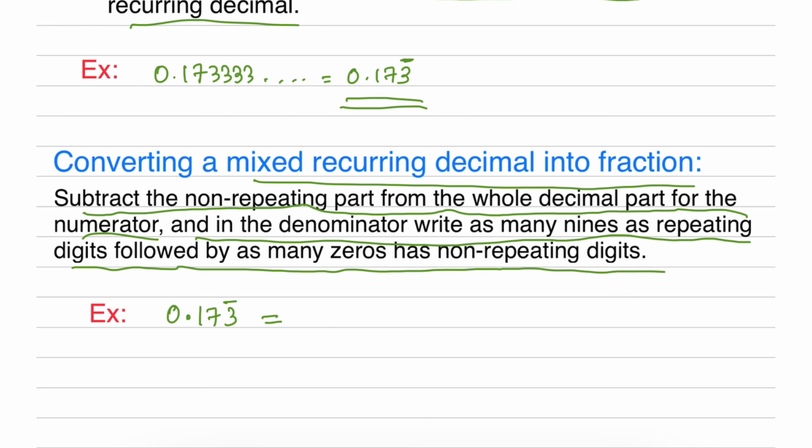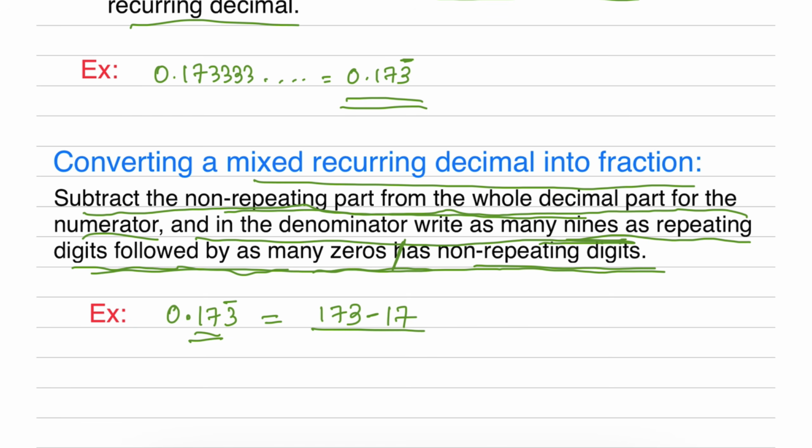So first what we have to do, subtract non-repeating part from the whole decimal part. First we have to write the whole decimal point. This is 173 in the numerator, and subtract non-repeating part. Which is non-repeating? 17 is a non-repeating. You should subtract 17, and in the denominator you should write as many 9s as repeating digits followed by as many zeros as non-repeating digits.